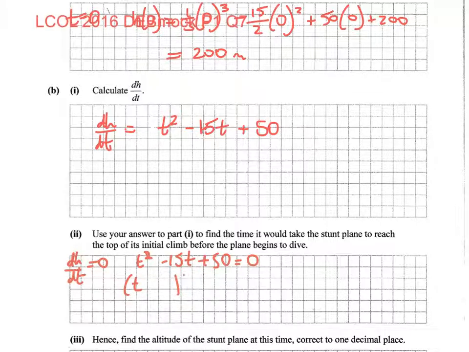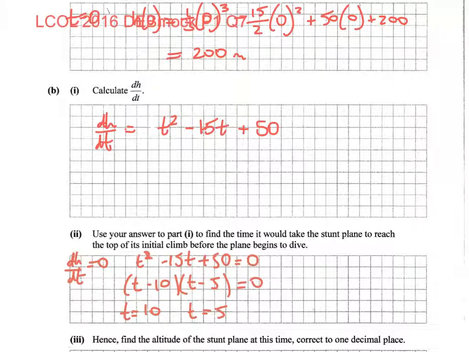Going through the process of factorizing, which I'm not going to go through step by step, the key idea is t minus 10 and t minus 5 are the two factors. So the two roots for that quadratic are 10 and 5. The first time there's a maximum is when t equals 5.